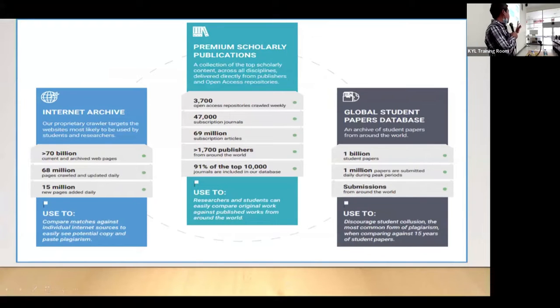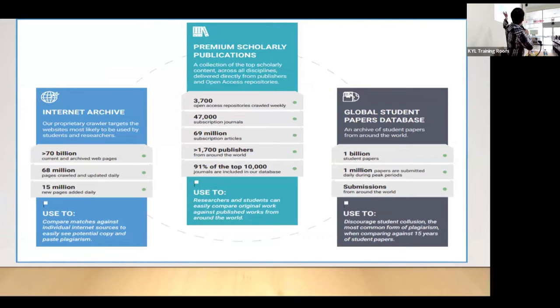You may be familiar with Turnitin. I will show you how to compare the two, the sources they check against, which are different from Turnitin. In Turnitin you check three major sources, but iThenticate uses just two major sources.